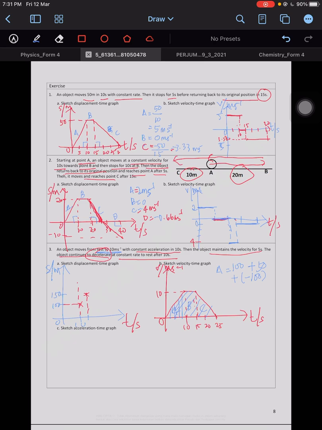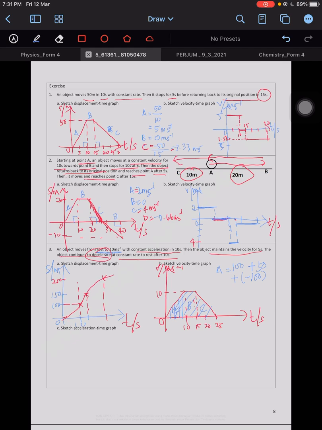And then afterwards you have to add, because they are still traveling, plus 100. So plus 100, you will get another 250. How long? Another 10 seconds. So if you see, the pattern will be something like this.